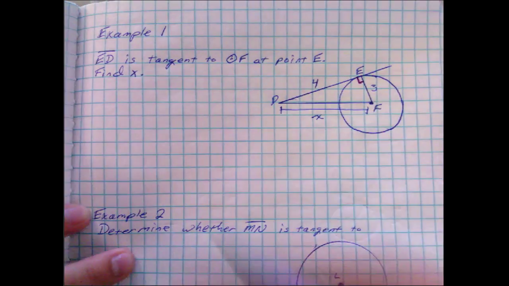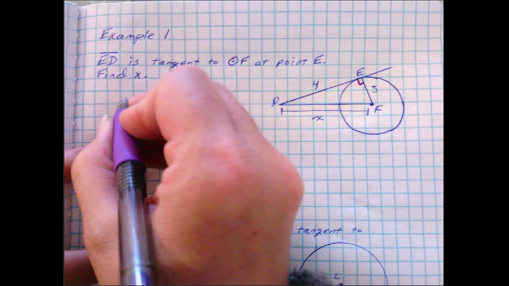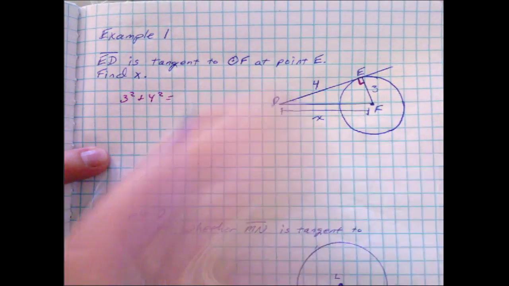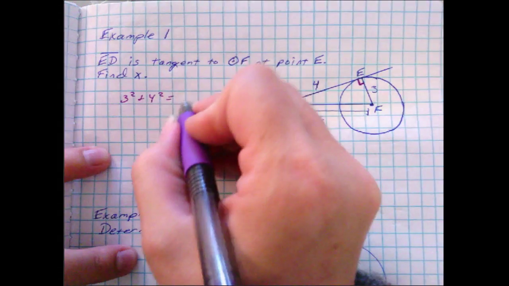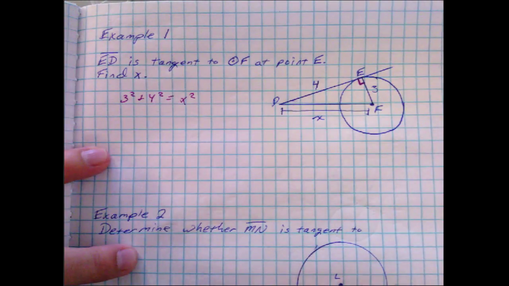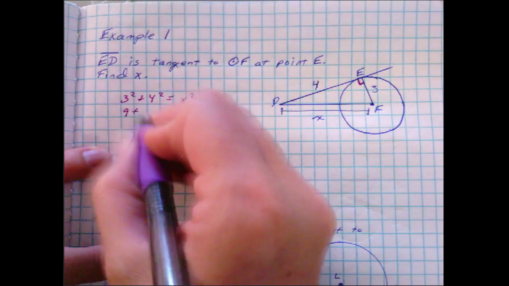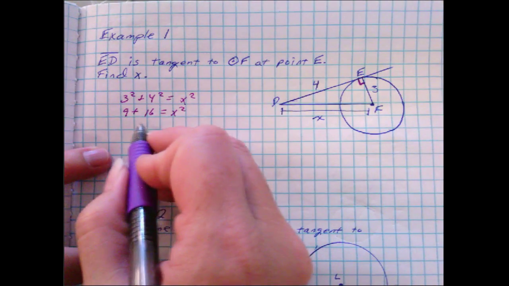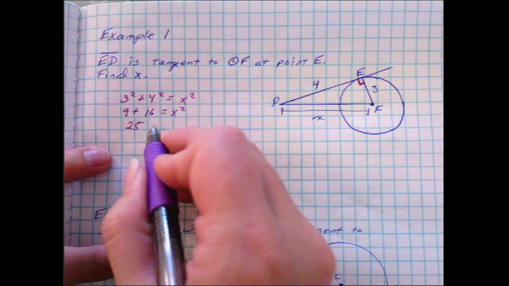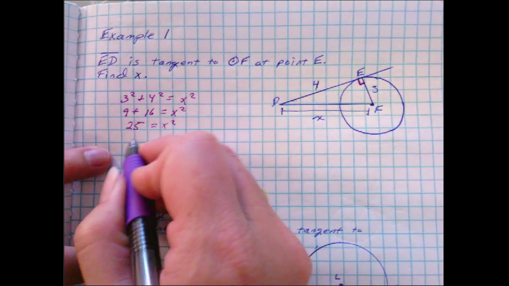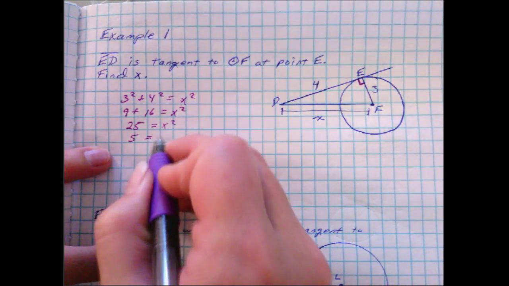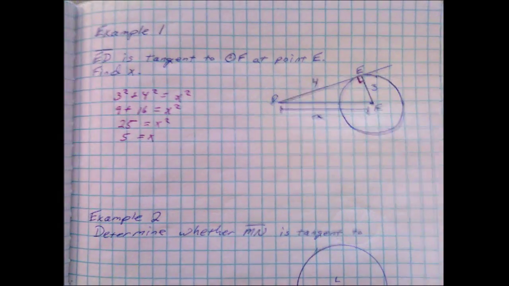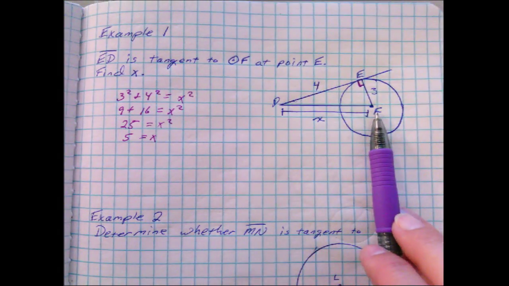So the Pythagorean Theorem tells us we're going to take our legs squared, so 3 squared plus 4 squared equals our hypotenuse squared, which is x, so x squared. 3 squared is 9, 4 squared is 16. 16 and 9, we get 25 equals x squared, so then x equals 5. And that is that whole length of that side.